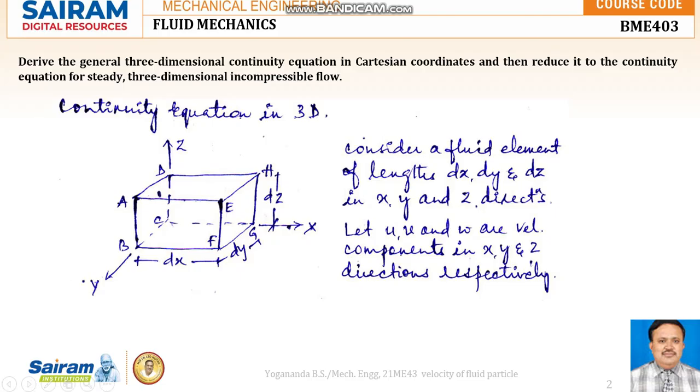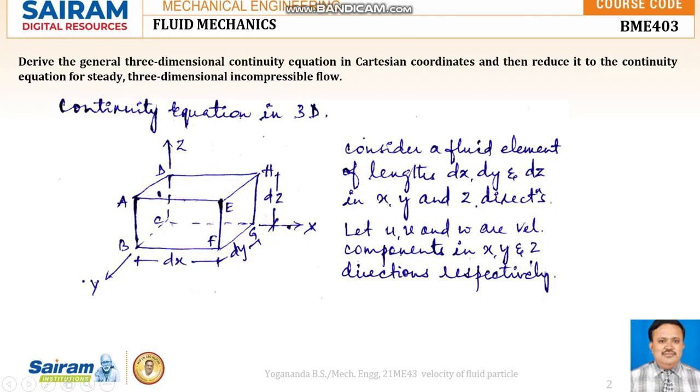So along x-axis we have the length dx and the velocity component is u. Along y-axis the length is dy and the velocity component is v, and along the vertical axis, that is z-axis, the length is dz and the velocity component is w.